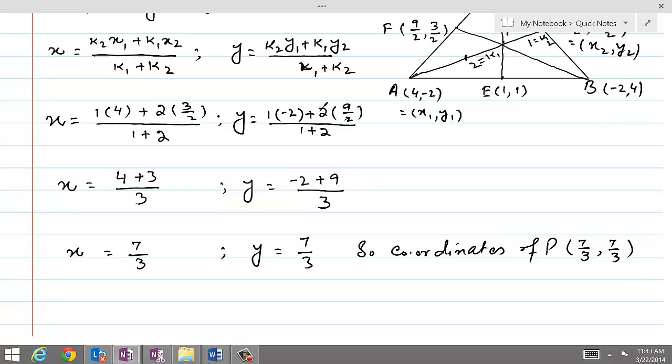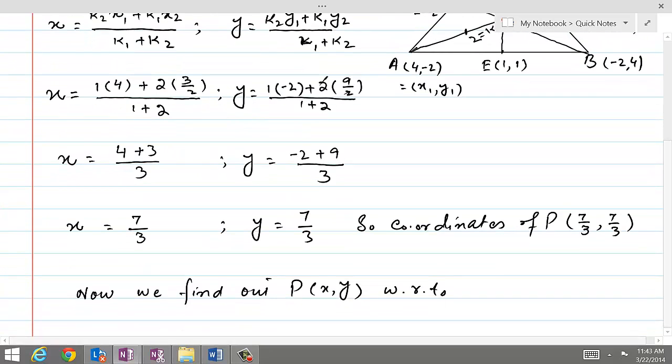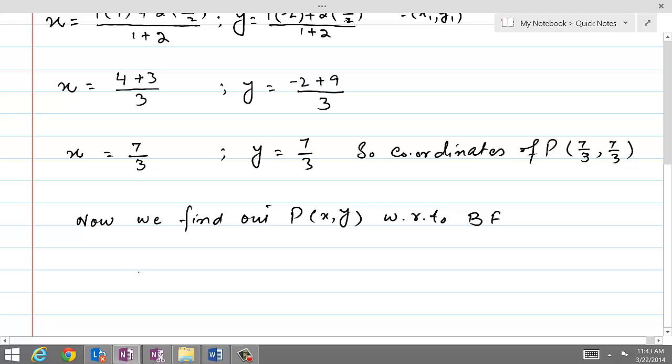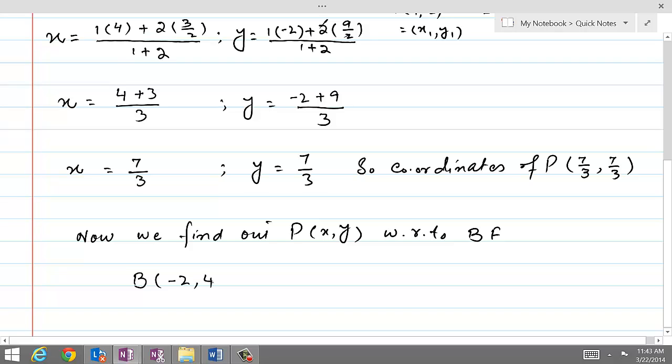So let's find out P xy with respect to BF, where B is the initial point and it has coordinates minus 2, 4, and the end point F has coordinates 9 by 2 and 3 by 2.